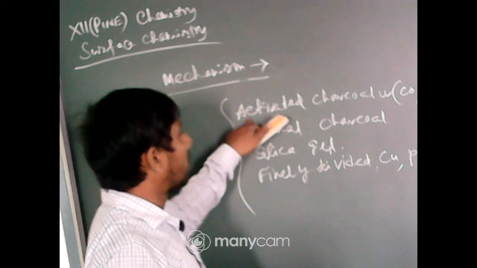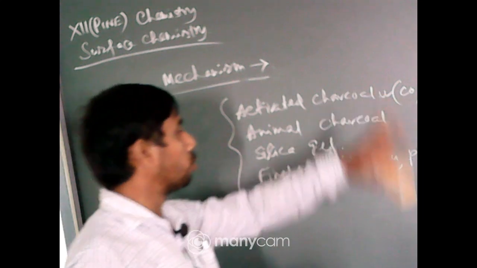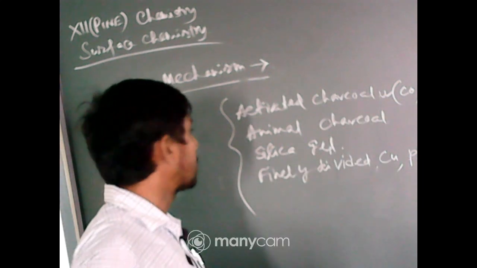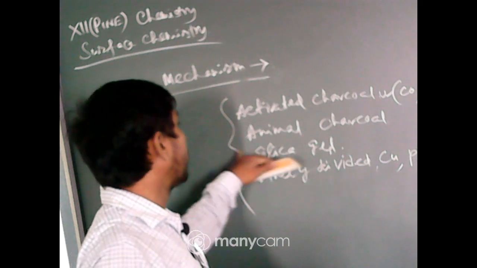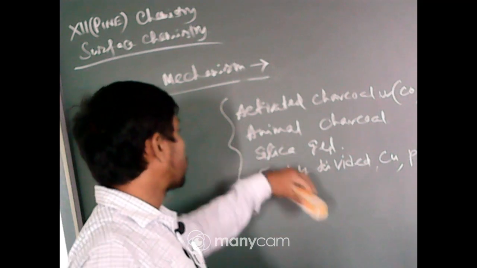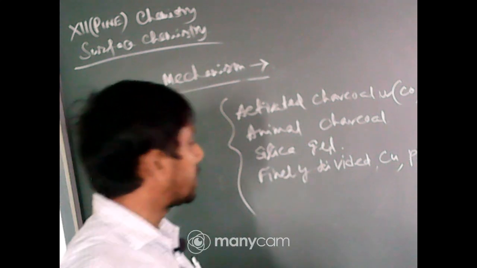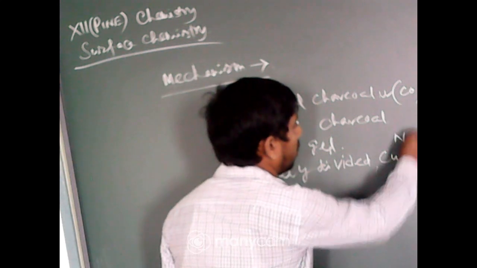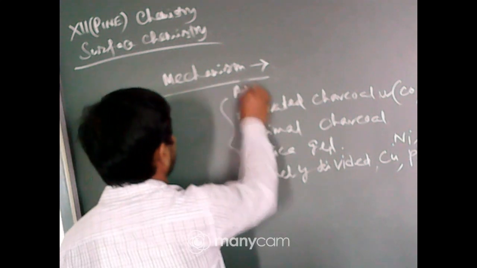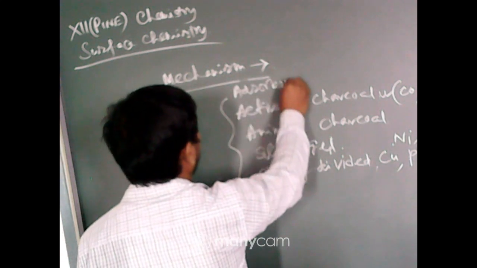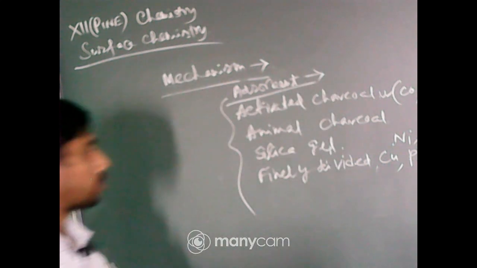Activated charcoal is made after the removal of CO, CO2, C2H4 and any other substances present. Animal charcoal is formed by the burning of animal bone. Next, silica gel, and finely divided copper, palladium, etc., and nickel also. Okay. So, these can work as adsorbents. You may also write this: what acts as an adsorbent.